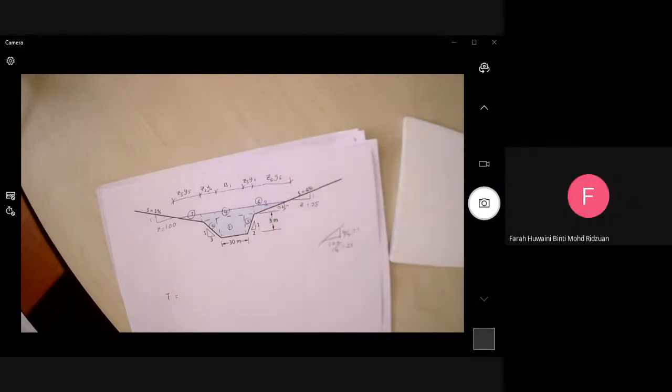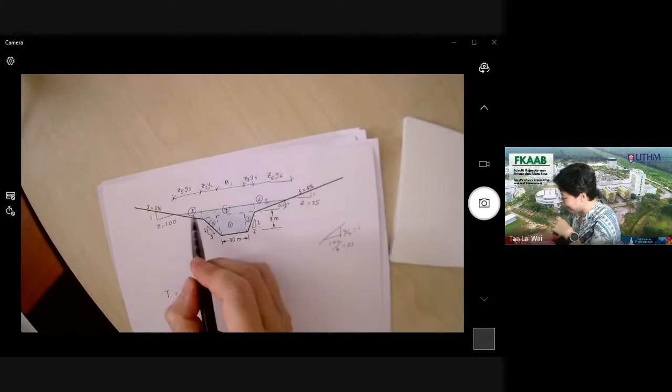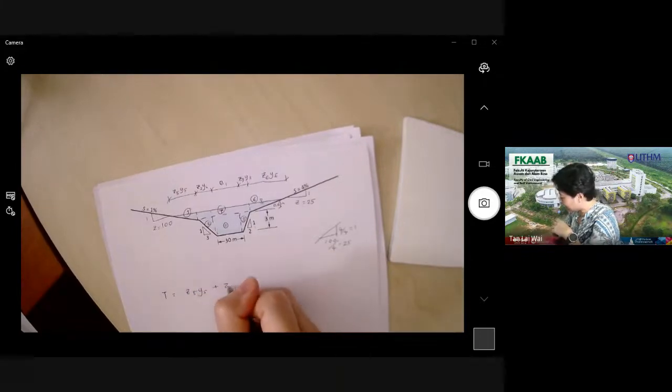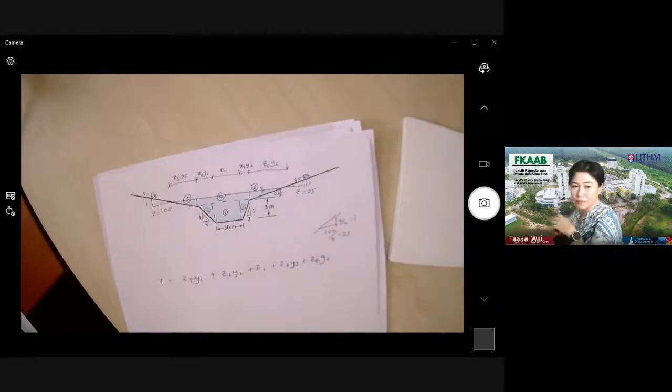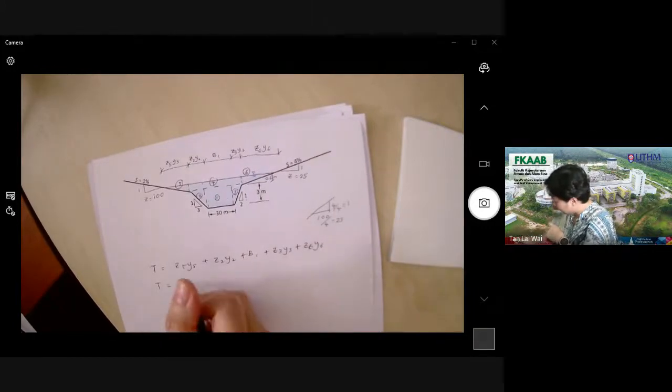Alright, okay. So it's simpler as that, right? It's very simple. So we are going to write this down. Z5 is 100.